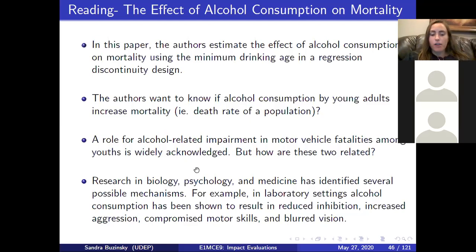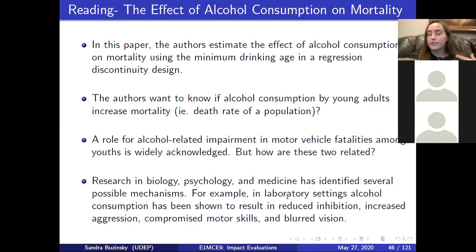Research in biology, psychology, and medicine has identified several different mechanisms. For example, in the laboratory setting, alcohol consumption has been shown to reduce inhibition. So you're more risky, more aggressive, your motor skills aren't as good, and you have blurred vision. I'm sure all of you have drunk alcohol before, you know what it's like.